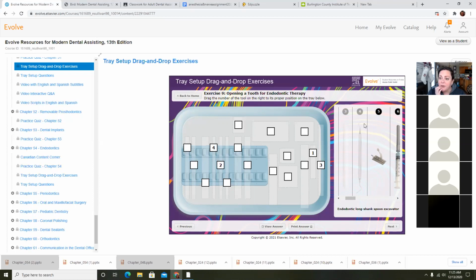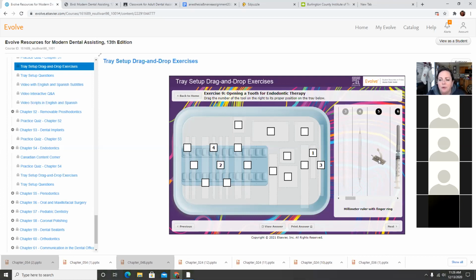How deep do we have to go to remove decay in a pulp? Deep. Pretty deep, right? So the shank is the part of the instrument that connects the working end, which is that little spoon, to the handle, which is the part you hold. So the reason we need such a long shank for this is we have to go really deep, okay?